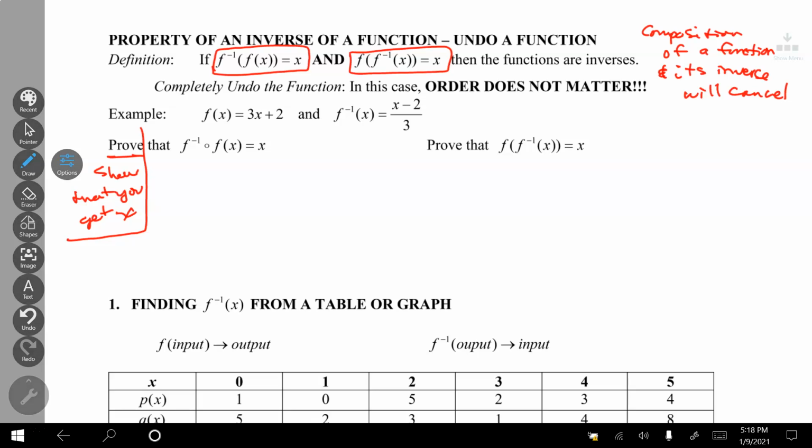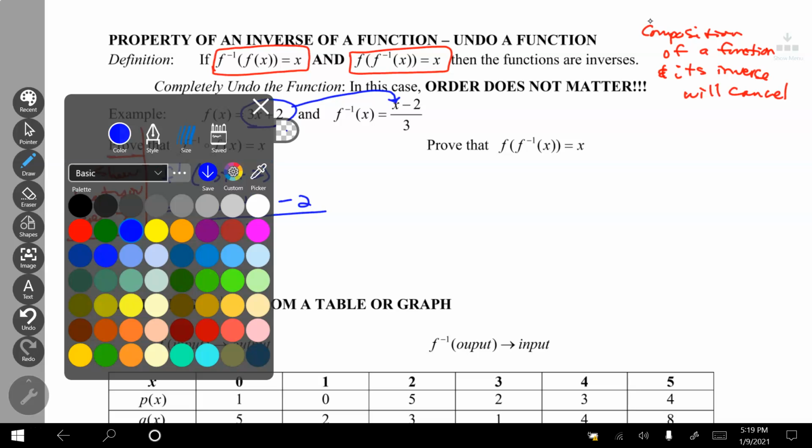As long as you show, so in this example, we're going to do f inverse. We're going to take the function, put it into the inverse. That's what it says to do here. So we're going to do f inverse of 3x plus 2, and that's going to be 3x plus 2 minus 2 over 3, and then we see something nice happens.